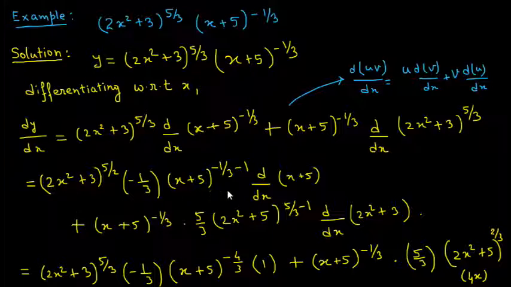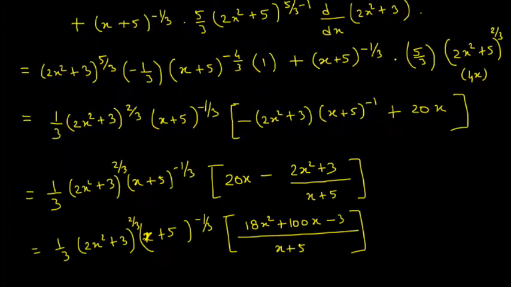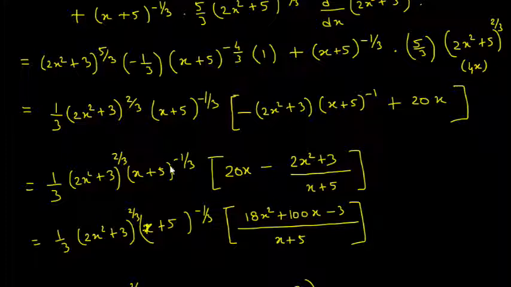Upon implementing the formula, we get the step, and upon solving, we get the next step, which is this one, just simplification, nothing else. So again, we take common 1 by 3 (2x square plus 3) to the power 2 by 3.